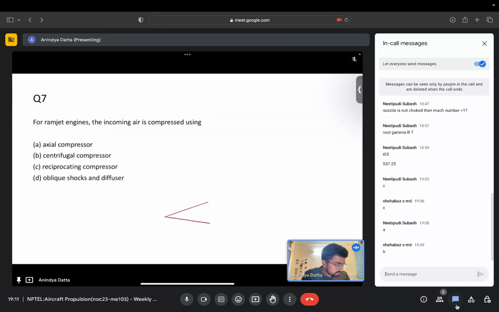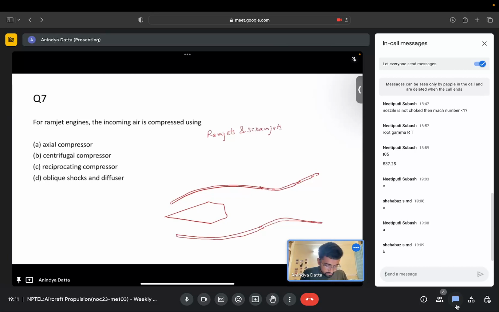So we have something like this. Just remember that ramjets and scramjets do not have any turbo machinery.